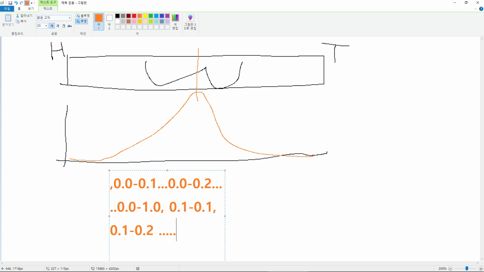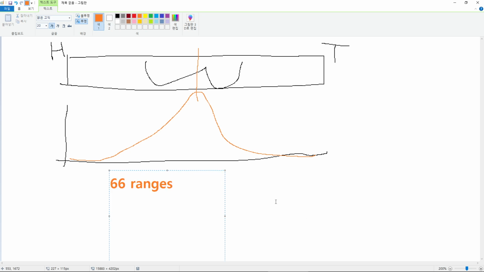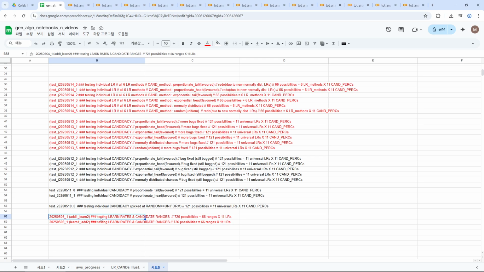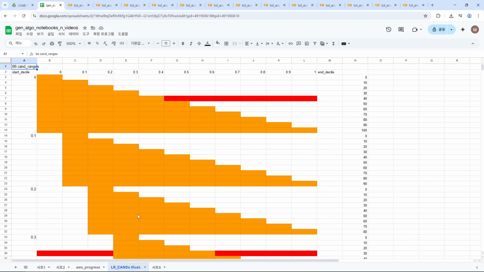If this goes on, you get, I guess, 66 ranges. And that's exactly what I mentioned here a few times. So that's this.